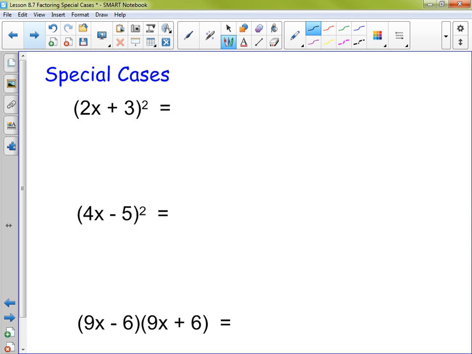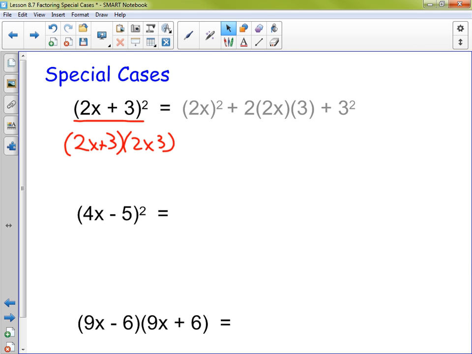Okay, so recall that we learned some special cases when you're multiplying binomials. The special case, in this case a perfect square, is (2x + 3) squared. Remember that really means (2x + 3) times (2x + 3).